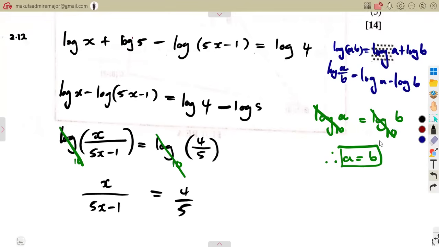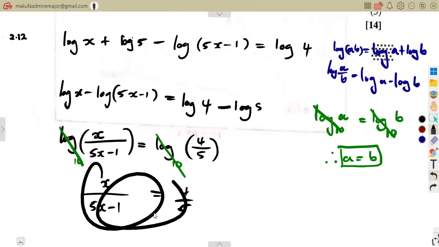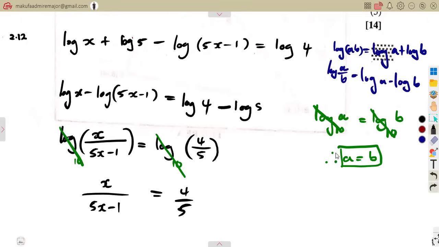Guys, this is no longer a logarithmic equation. It's no longer a logarithmic equation at all. This is your normal equation where you can even cross multiply to remove the fractions.